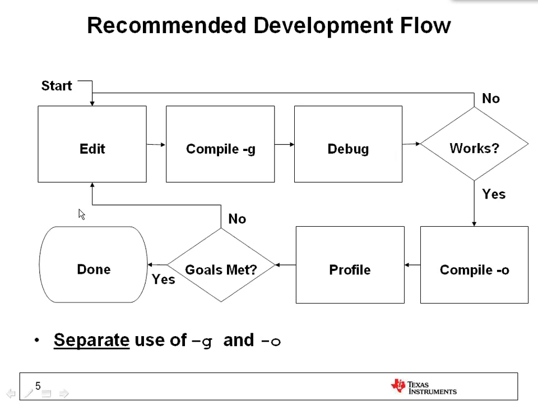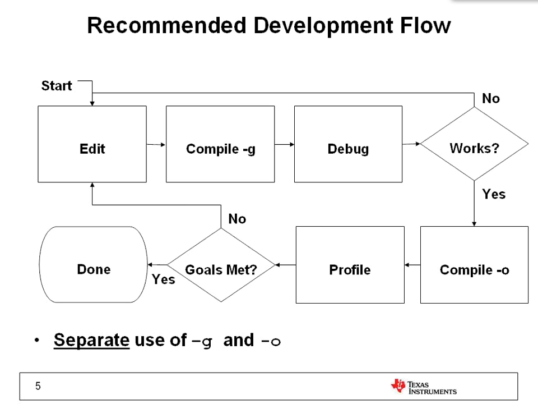Not too exciting. Probably the most important thing to realize is that we compiler implementers expect that you're going to debug your code and get it all working, so you compile with -g at first, right? And then you'll compile with optimization. -g is the switch for add debugging information to my object file so that I can debug it under Code Composer.